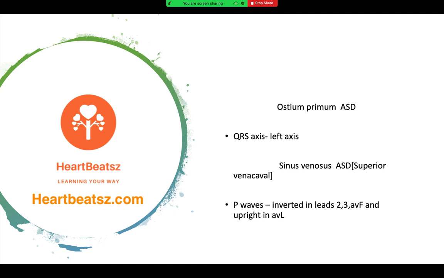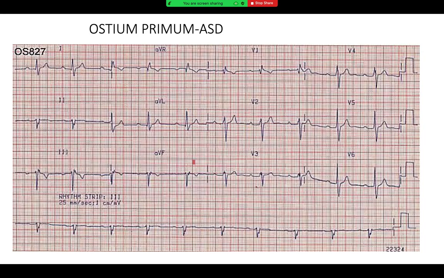So what about the ostium primum? Primum is the one in which you will see left axis, okay? And here the P waves will be inverted in the inferior leads, in fact, although upright in the AVL. So if you really want to see, what do you notice in this ECG? As I already gave you the answer.